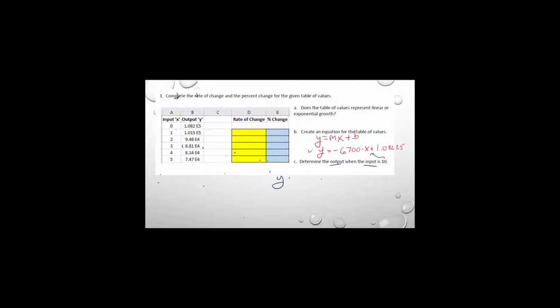So I'm going to have the output equals negative 6,700 times the input plus 1.082 E5, or times 10 to the 5th. Hit pause, try putting that in your calculator, and I'll put the answer down. And I'm getting 41,200.